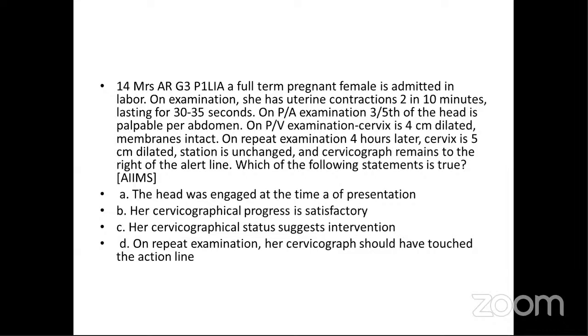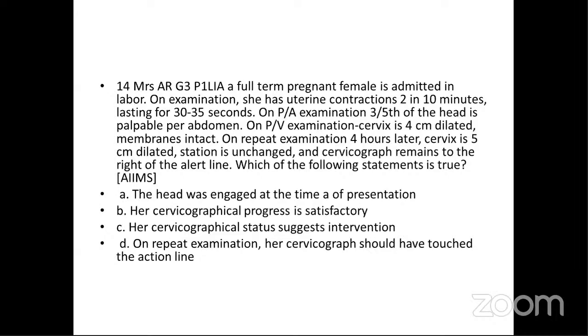For example, you assess and find it is because of inadequate uterine contractions. In that case, at the alert line, you can still do a conservative intervention like augmenting with an oxytocin drip, seeing that she gets adequate contractions, and that will help her cervical dilatation. Intervention need not be only high-end or last-resort interventions like cesarean section.